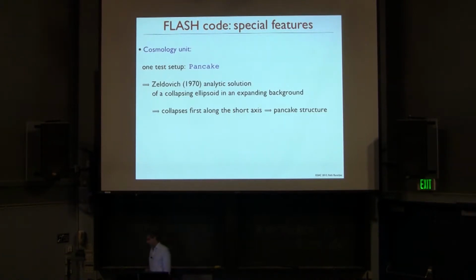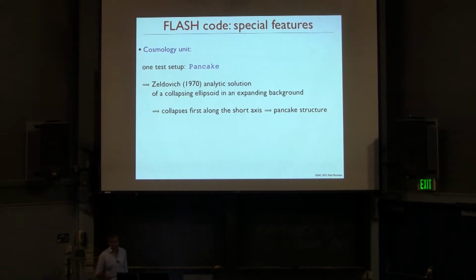Yeah, as I said, so far this module is not heavily used, at least to my knowledge. Hence, we find only one example in our setup tree, in our simulation main tree. It is called the pancake setup, which goes back to an analytic solution of Zeldovich from the 70s of the last century.